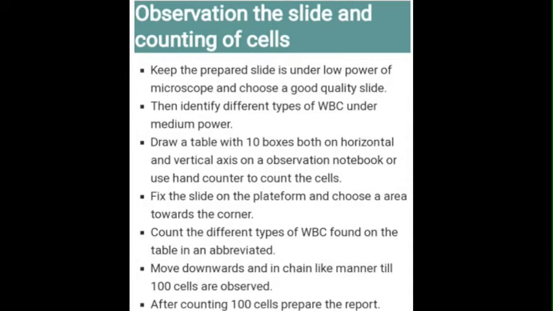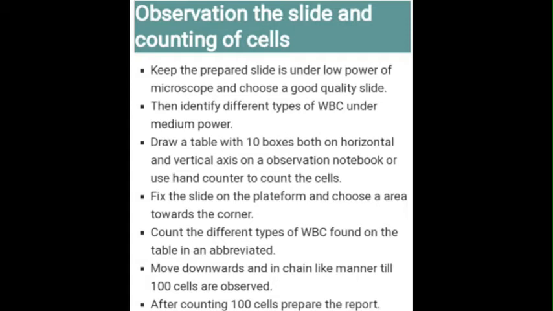Then draw a table with 10 boxes both on horizontal and vertical axis in an observation notebook, or use a hand counter to count the cells. Fix the slide on the platform and choose an area towards the corner. Count the different types of WBC found and note them in the table in abbreviated form. Move downwards in a chain-like manner till 100 cells are counted.